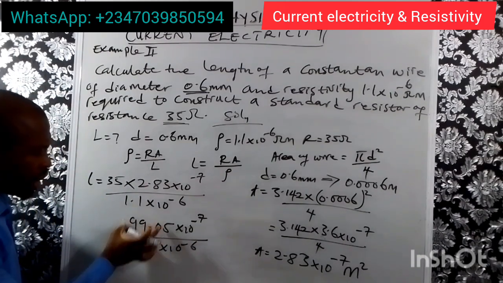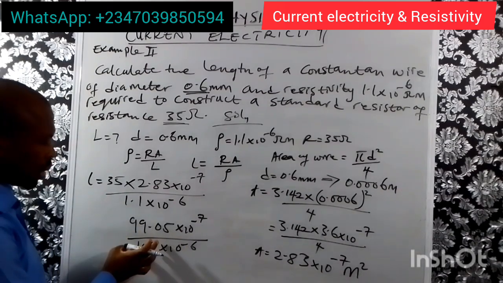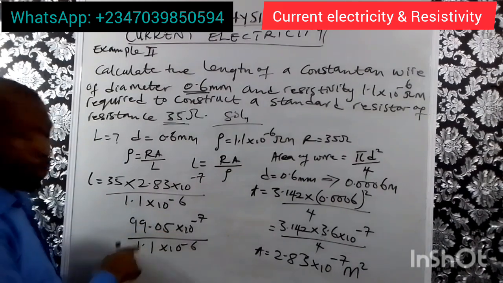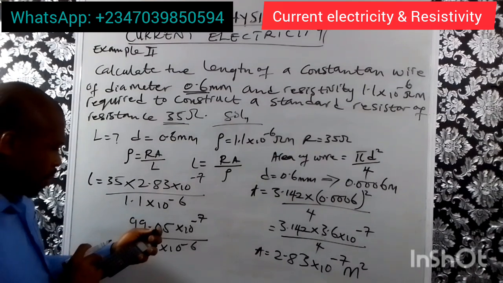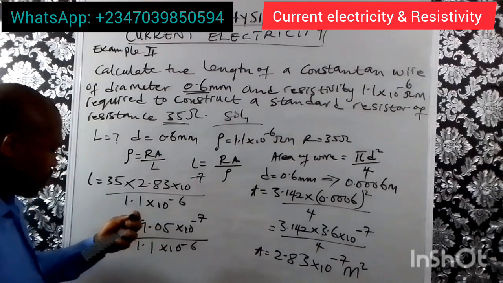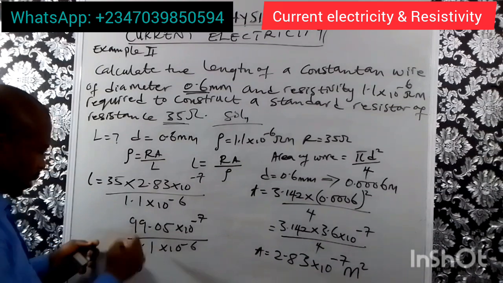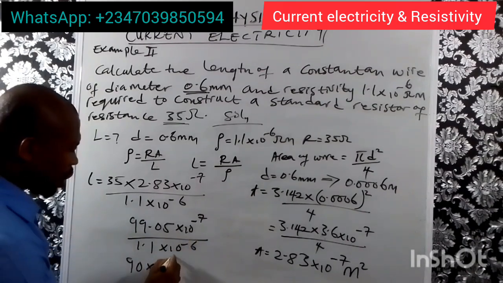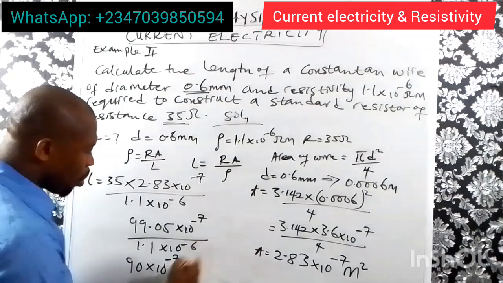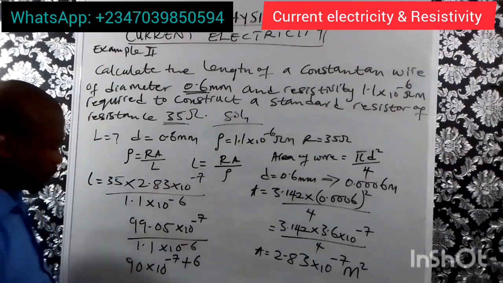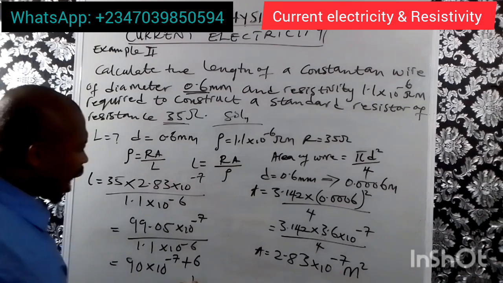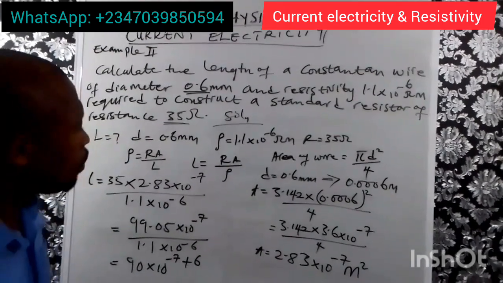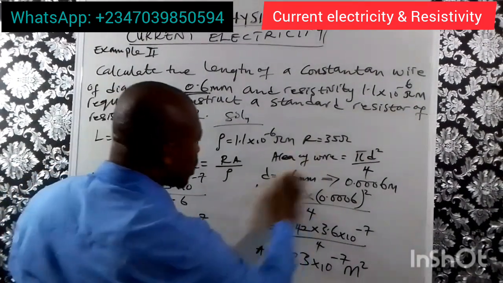I will take care of the basis. 99.05 divided by 1.1 will give me 90 times 10 raised to power. Now I have minus 7 here, and if I send the other one up, it becomes plus 6.